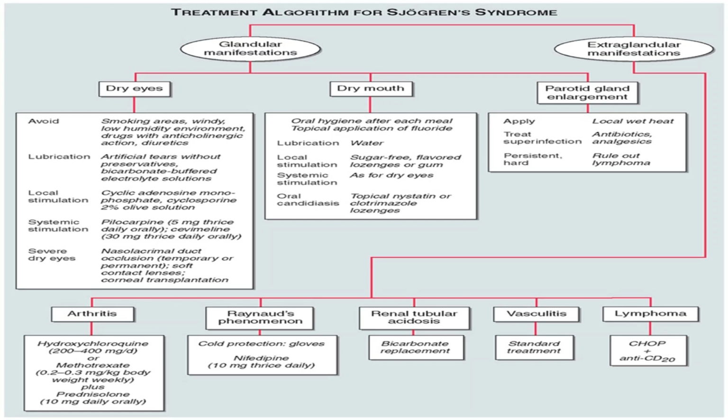And when we have severe dry eyes, we should use nasolacrimal duct occlusion, temporary or permanent soft contact lenses, corneal transplantation. When we talk about dry mouth: oral hygiene after each meal, topical application of fluoride, lubrication such as water, local stimulation, sugar-free gum, systemic stimulation.